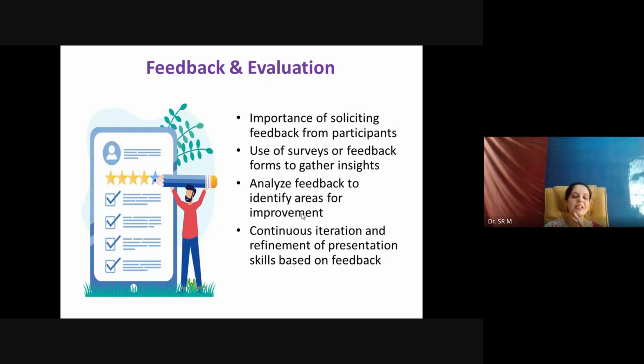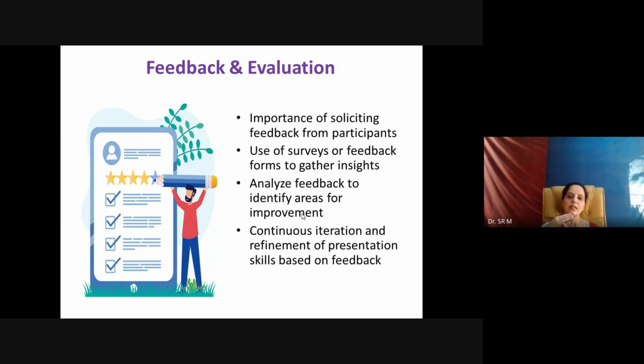Structured feedback mechanisms means we are utilizing surveys, feedback forms, or online polls to systematically gather insights from our participants: how was their learning experience? You can design questions that capture both quantitative data and qualitative feedback.